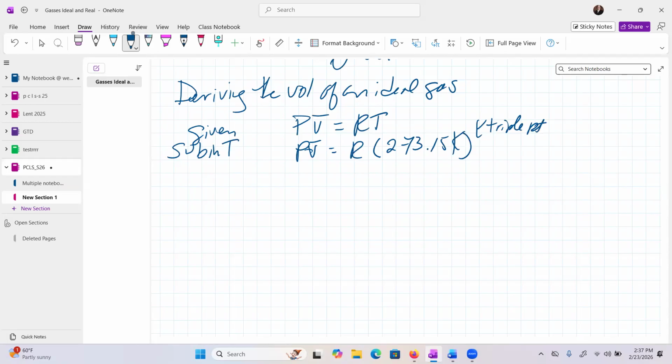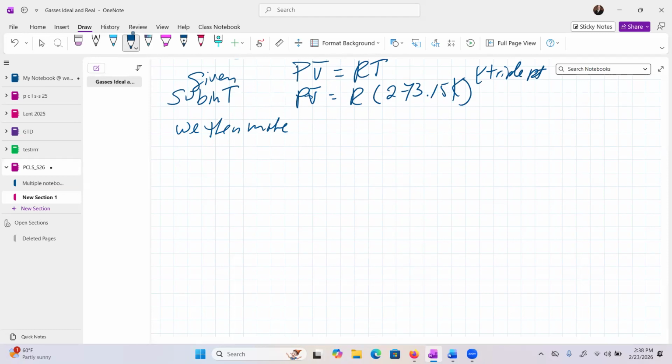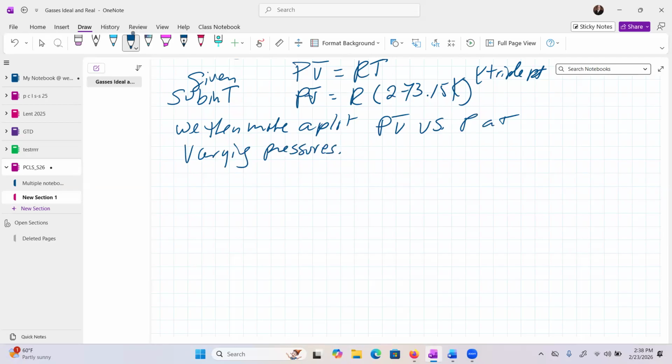All right, now watch what will happen. And we can make a plot: PV bar over P versus P at varying pressures, at the constant temperature of 273.15 kelvins.